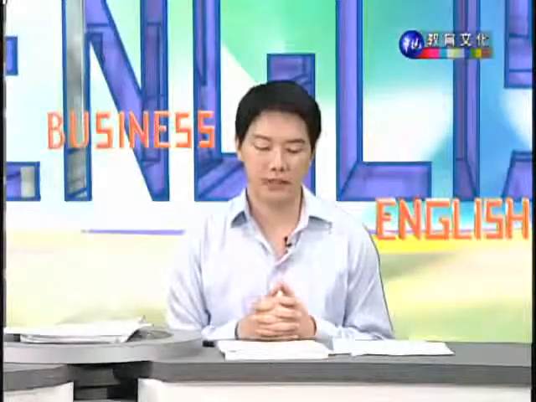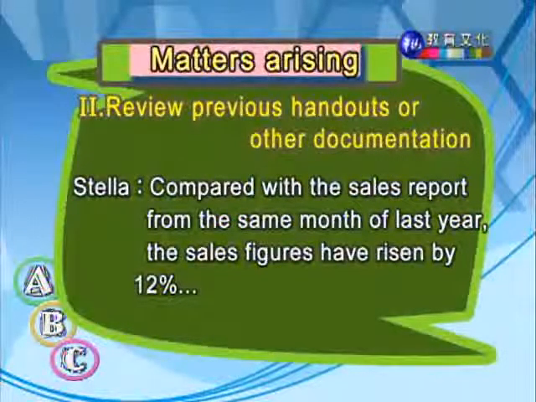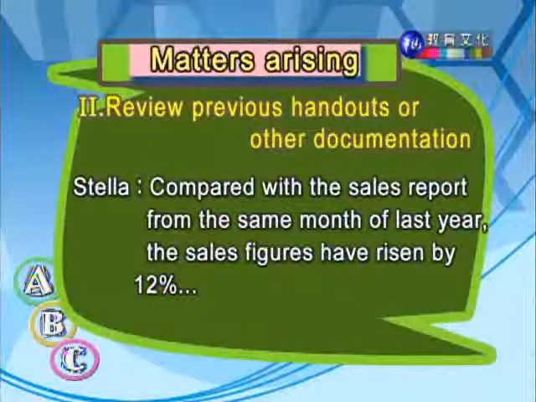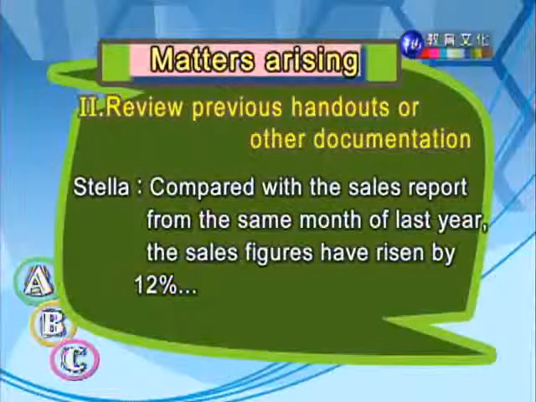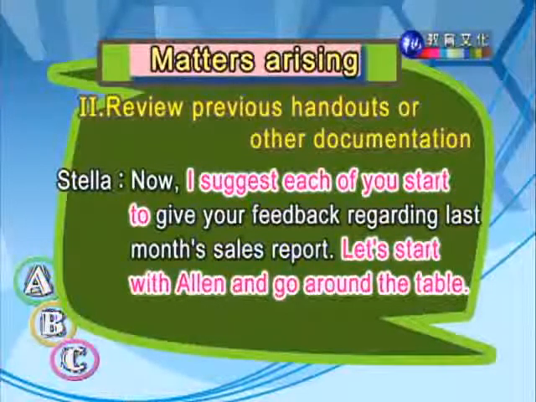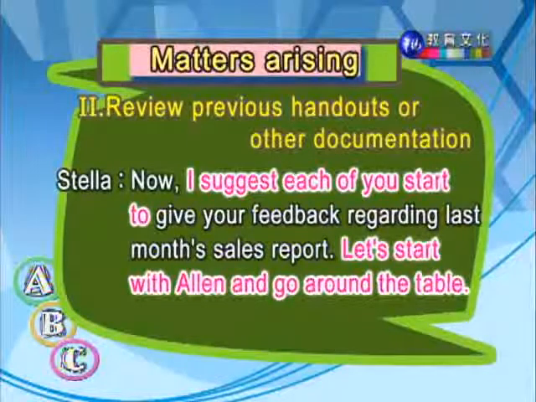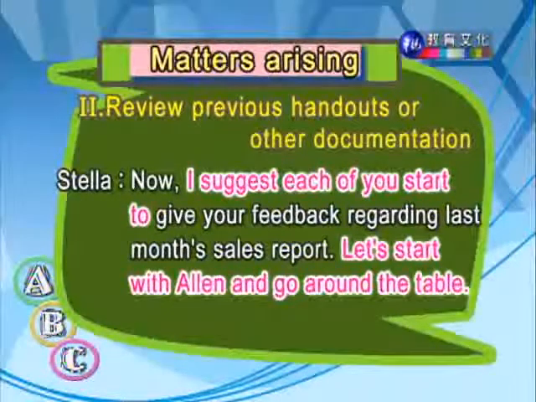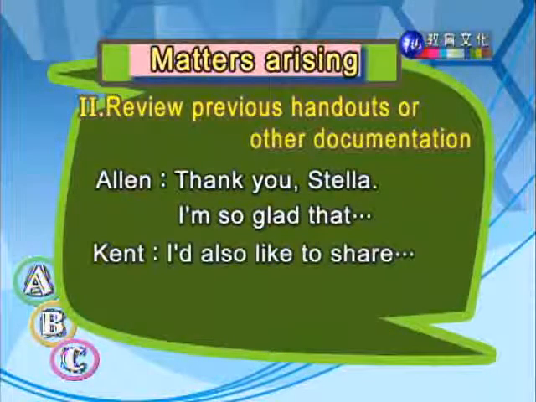在这个地方，我们看到他们是检视上一次的 handouts 或者 other documentation，其他的文件。Stella 是这个部分的主持人 host，所以她会说，跟去年同月份的 sales report 来比较 compare with，我们的 sales figures，就是销售额度，已经成长了12%，by 12%。再来 Stella 说 Now I suggest each of you start to give your feedback regarding last month's sales report，要求每个人对上个月的 sales report 提供一些意见或回馈。她说 Let's start with Alan and go around the table，go around the table 的意思就是沿着桌子一圈，每个人都要讲到。接下来 Alan 针对她刚刚讲的会说 Thank you, Stella.